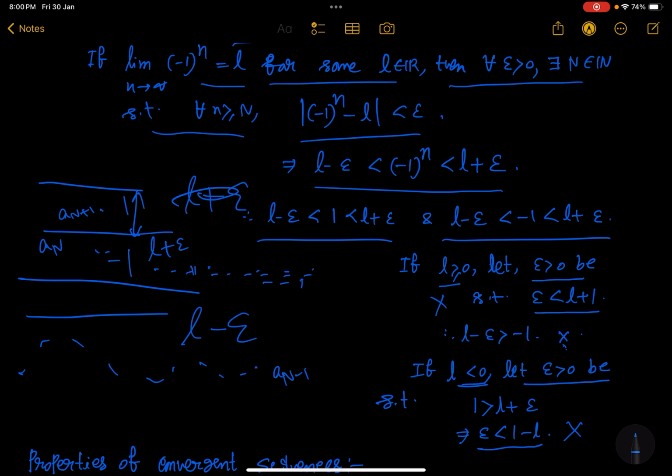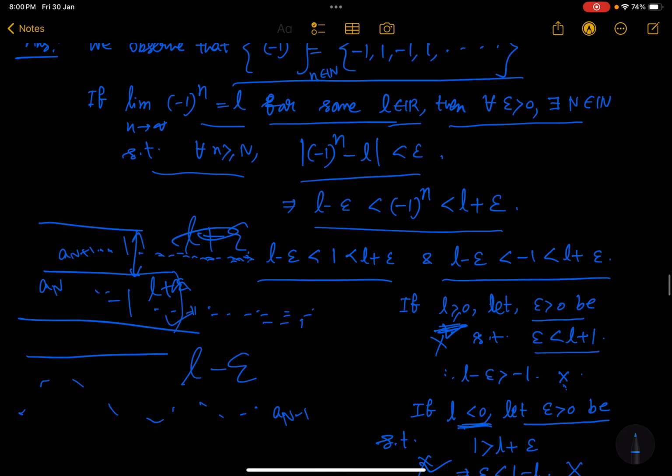But again it misses many points because 1 is repeating many times. Outside this interval there are infinitely many elements of the sequence. So any negative number cannot be a limit, and any non-negative number cannot be a limit. So basically there is no limit which belongs to the set of real numbers.